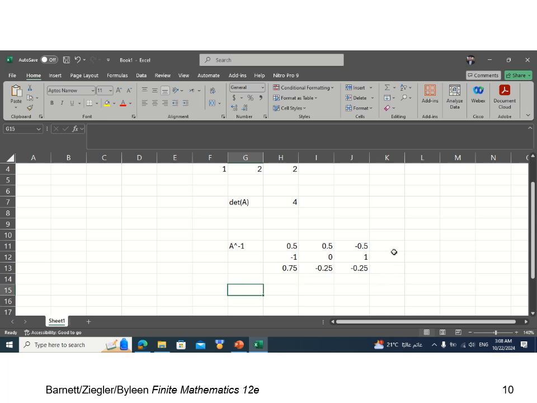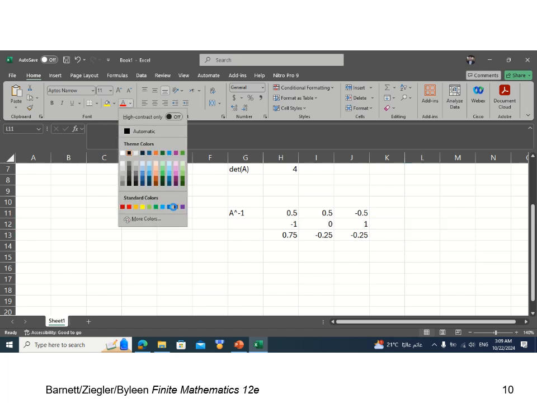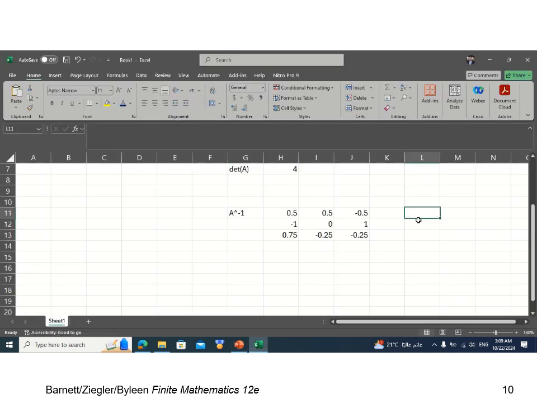Then if we want to make the multiplication, we will write down here the constants, 1, 2, 3. We want to calculate x, y, z, which are the unknowns.